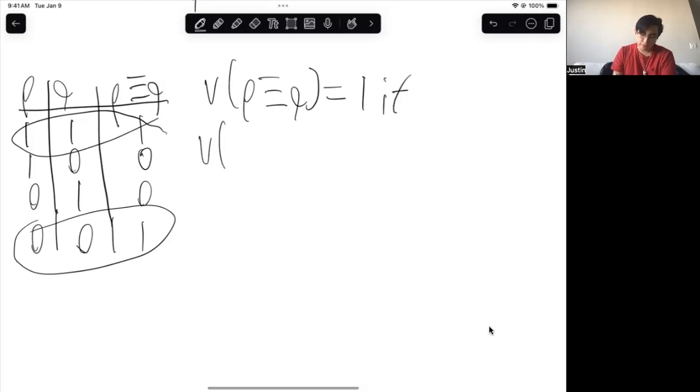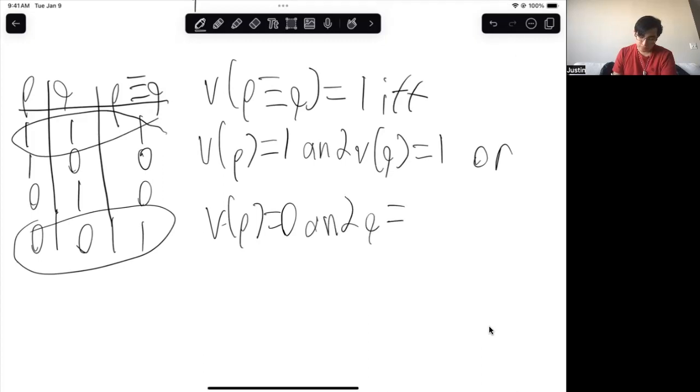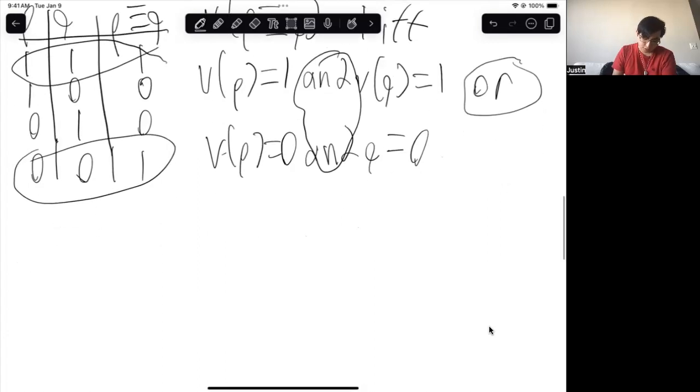So if and only if the value of P is 1 and the value of Q is 1, or the value of P is 0 and the value of Q is 0.